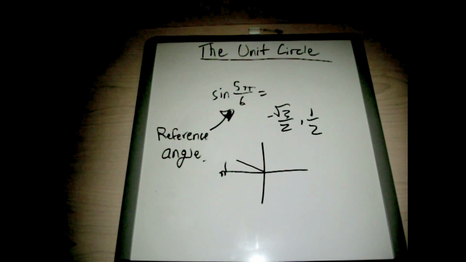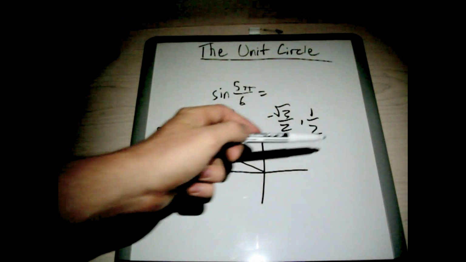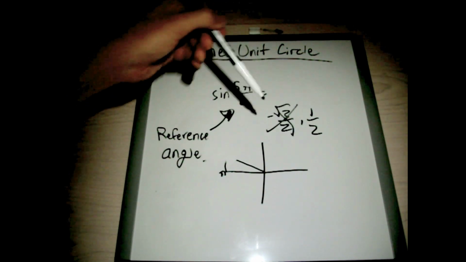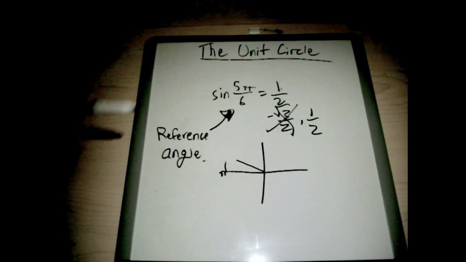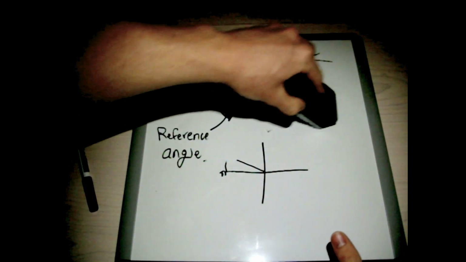So you have two options to choose from. But recognizing that it's sine shows that it's going to be related with the y. So you can just not even look at the x, and then there's your answer, 1/2. And that's all there is to it for the basic ones.